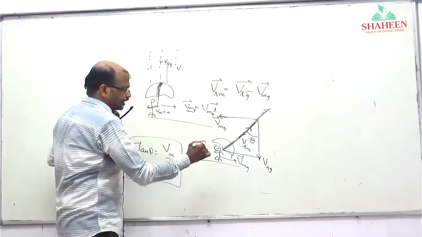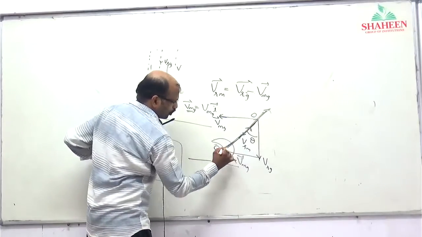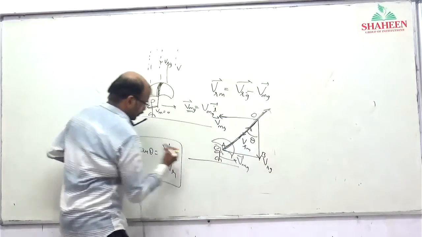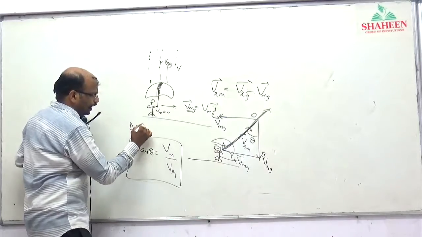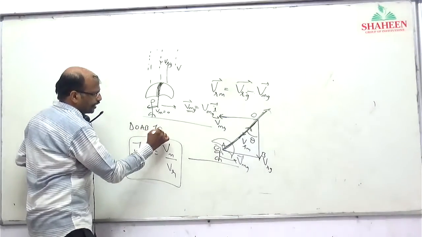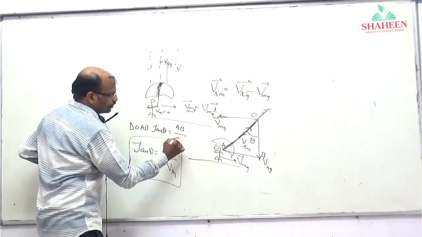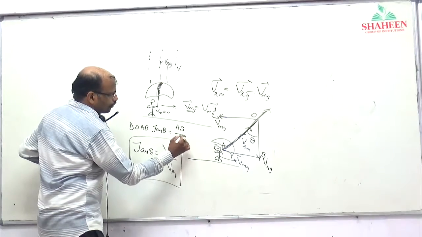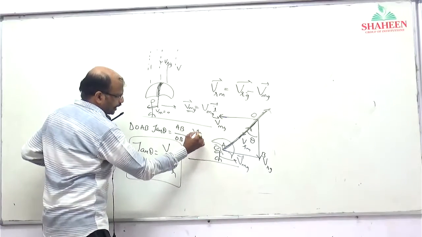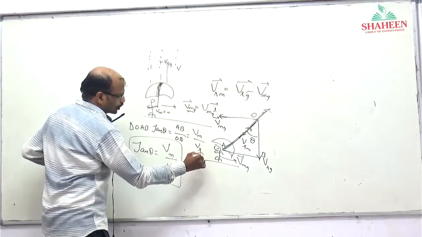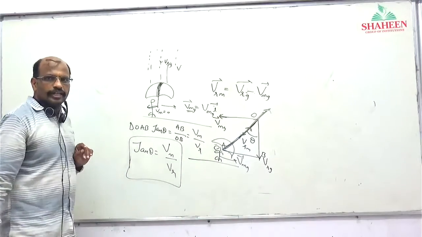That angle theta is given by right angle triangle OAB. From triangle OAB, tan theta is equal to AB by OB. What is AB? AB is velocity of man by velocity of rain. That's it. Is it clear now?